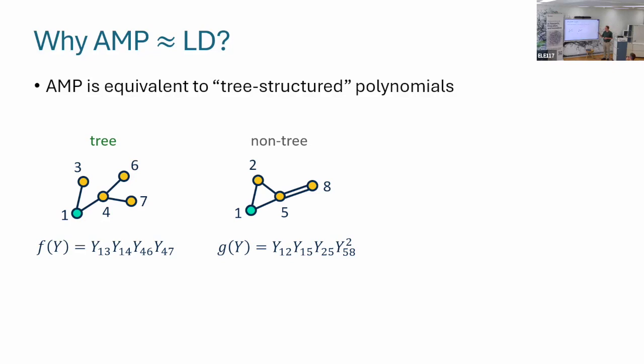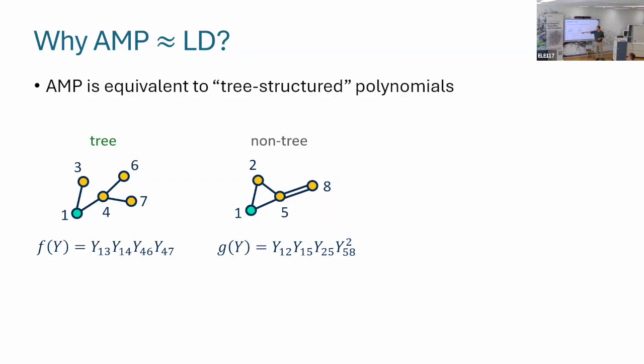This is a picture to illustrate the difference between what's a tree-structured polynomial and what's not. Remember, these are polynomials that take in a matrix Y as input. These would be some examples of the types of monomials that might appear. For each monomial, you can make an associated graph. Vertex 1 is special because we're trying to estimate vertex 1, so you think of these graphs as being rooted at vertex 1.